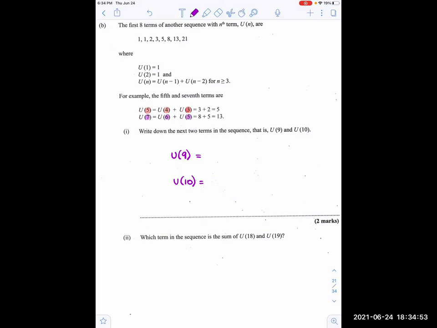Yes, Andre, you are correct. Now, I just want you to write it in terms of U for now, and then we will put it as a numerical value, right?